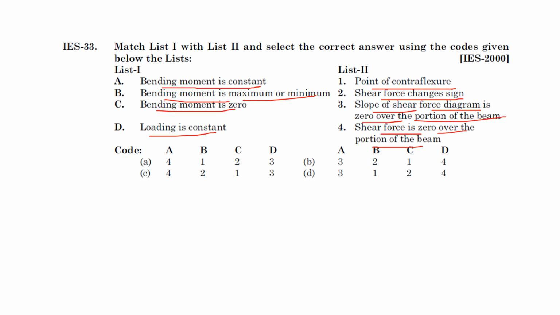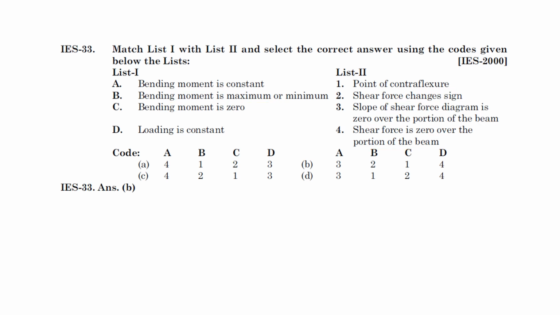So we have to match with these. Bending moment is constant: it is for shear force, slope of shear force diagram is 0 over the portion of the beam.